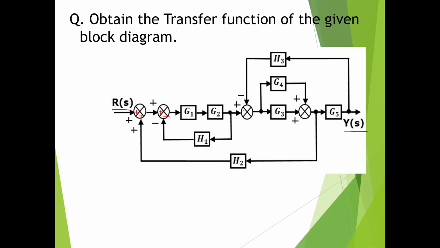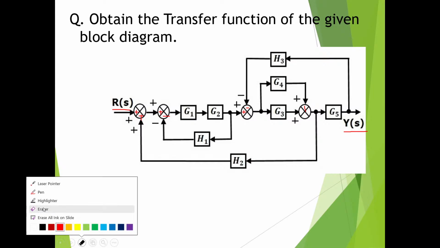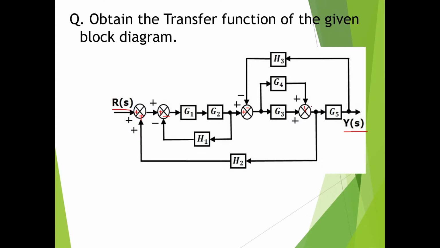Here, this is plus, this is minus. Here, this is plus. It's better to draw the signs, plus and minus, within the summing point. So this is plus, this is also plus.